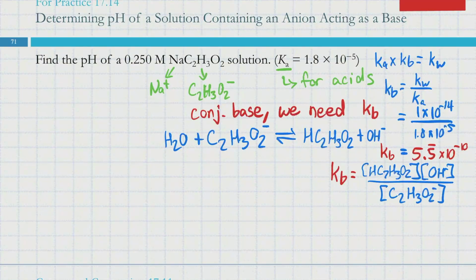And then we can use our ICE table. So we've got our weak base, the acetate, C2H3O2 minus. We've got HB plus, that's our acetic acid. I guess it would be B minus HB. Doesn't really matter as long as you know what you're doing. And the hydroxide.